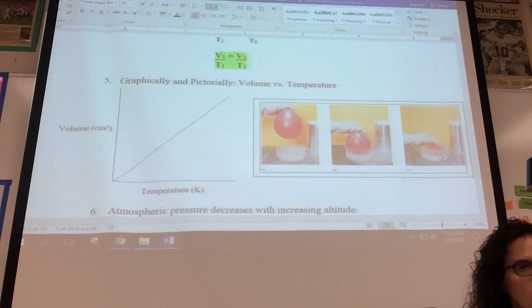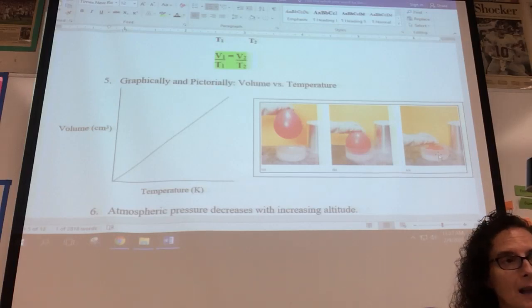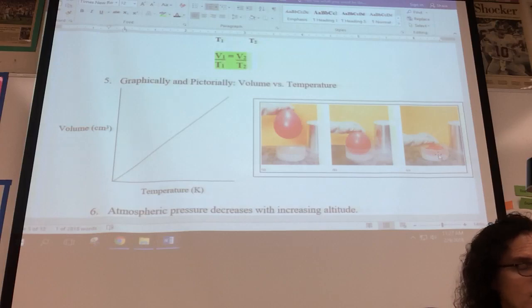So you must do these problems in Kelvin, even if they ask for degrees Celsius. This is the one mistake that one kid very often makes from each class. Be careful. Don't be the one. You can't pass the quiz if you do it in degrees Celsius. Kelvin, Kelvin, Kelvin.